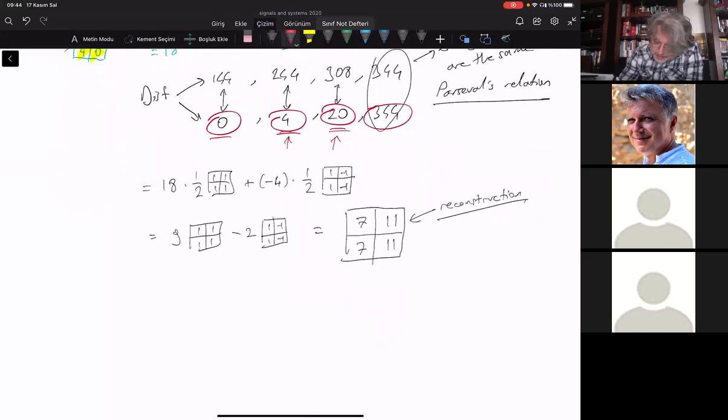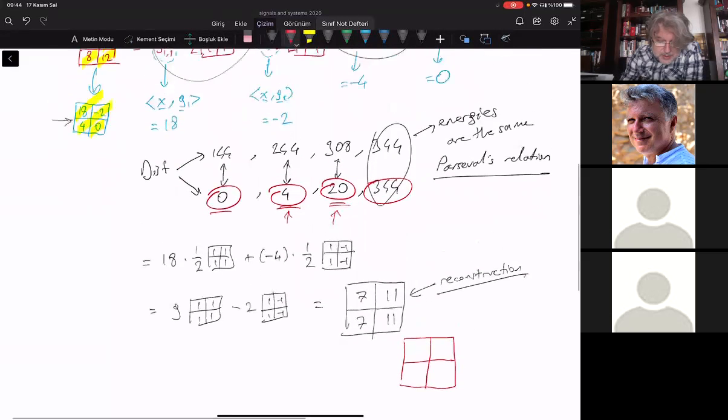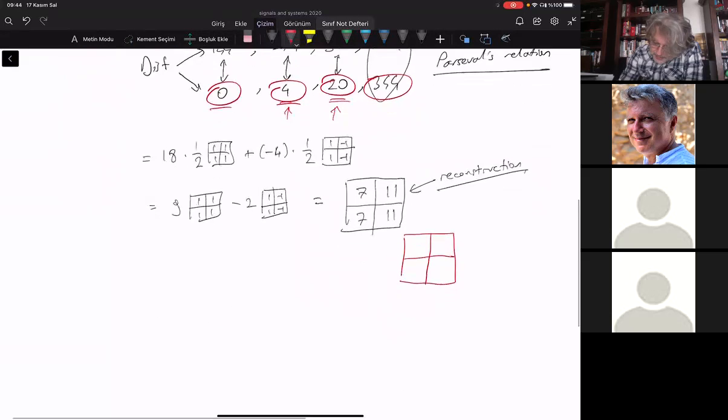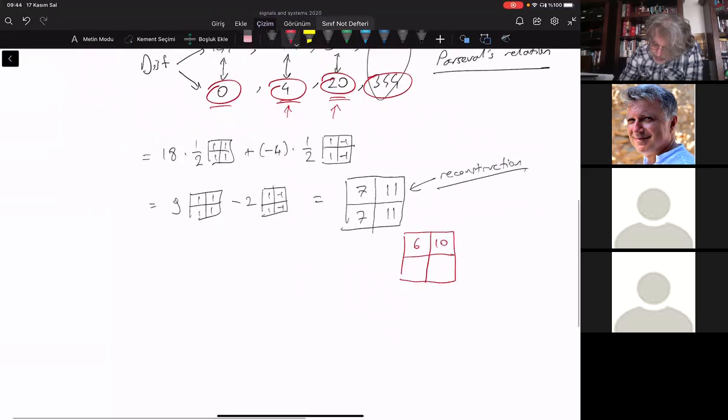Let me draw it in red. It was 6, 10, 8, 12. This was the original image. And by compression, I get this. So what is the squared error between those?